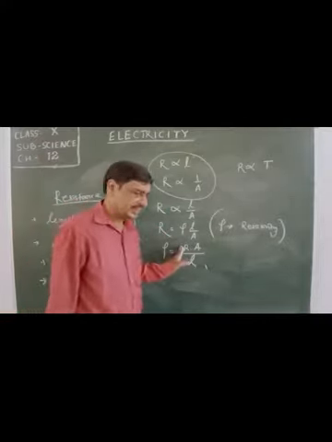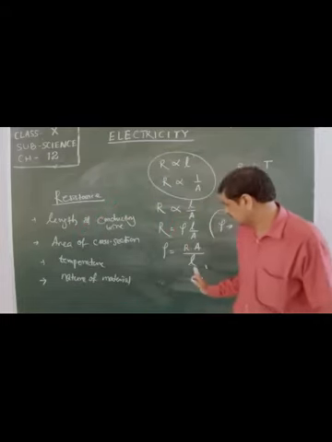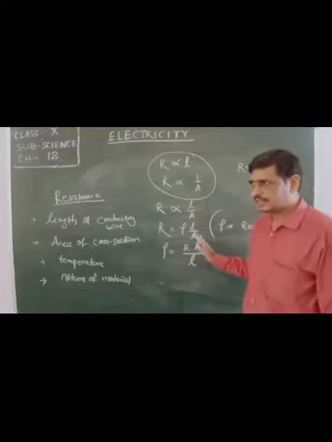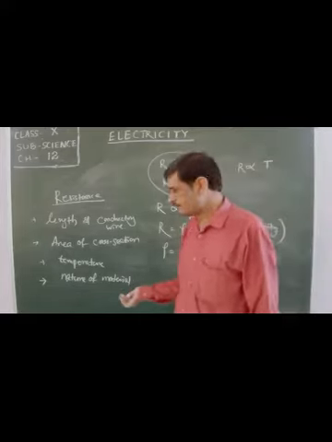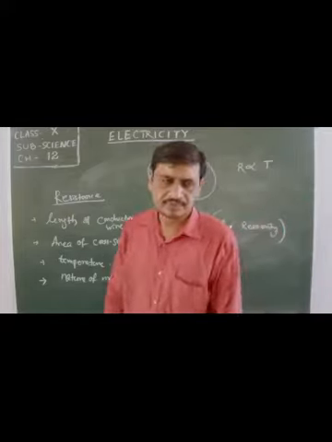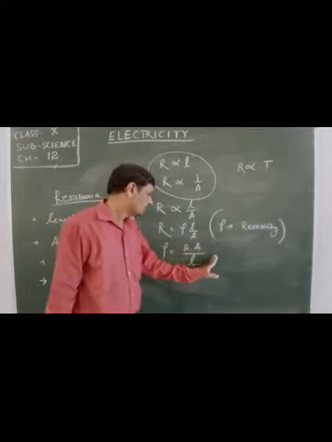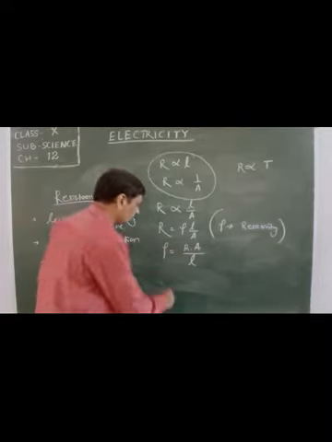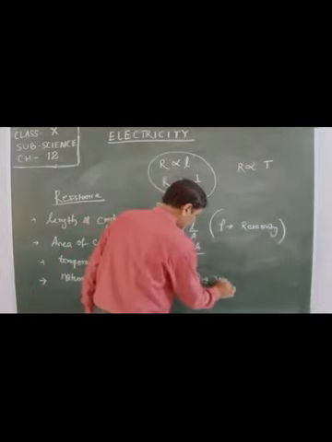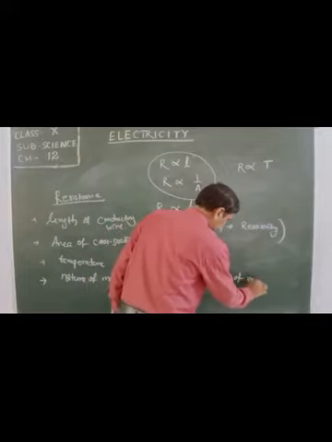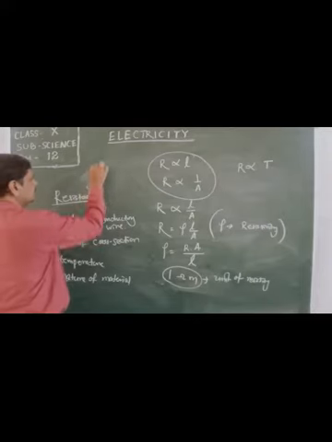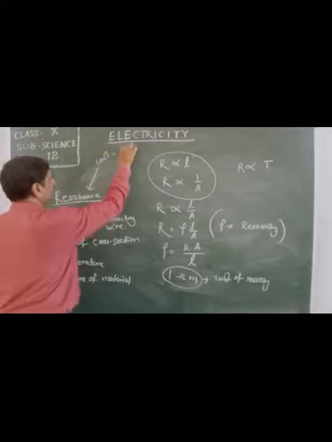If any material of length 1 meter, having cross section 1 meter square and resistance 1 ohm, then the resistivity is said to be 1 ohm meter. 1 ohm meter is the unit of resistivity, and the unit of resistance is ohm.